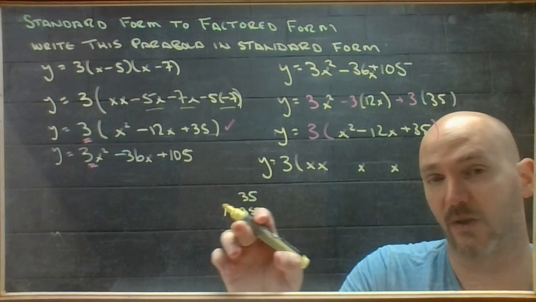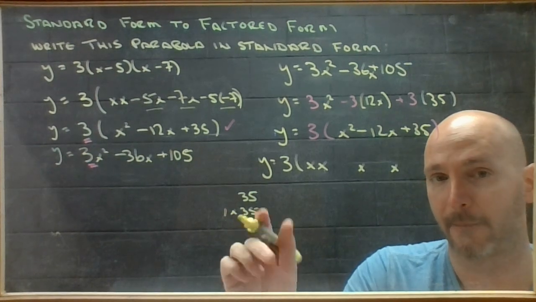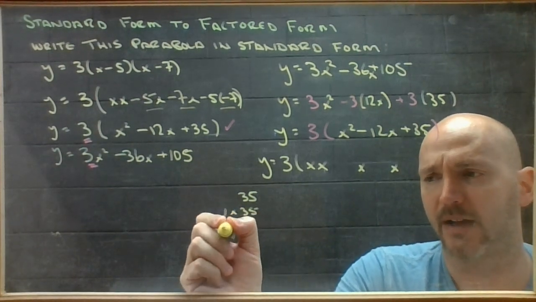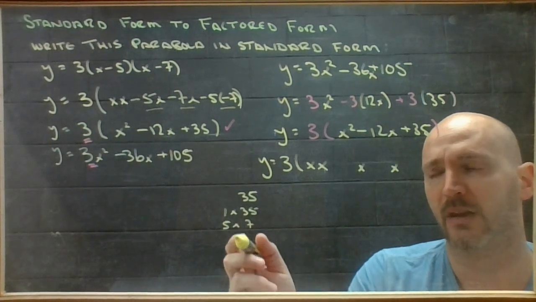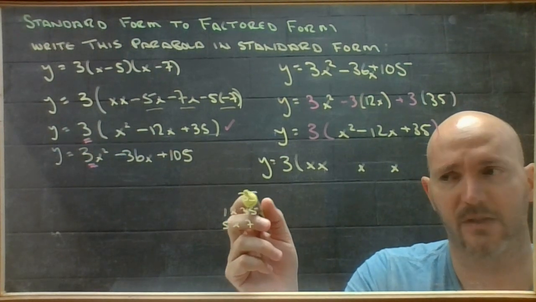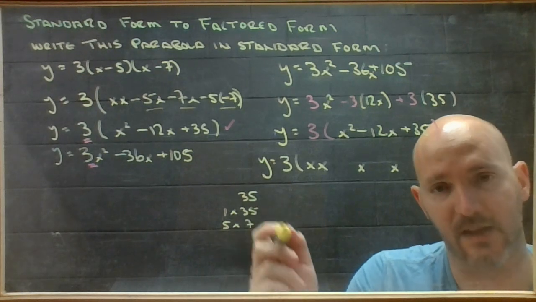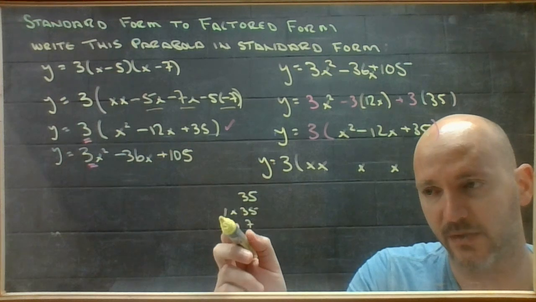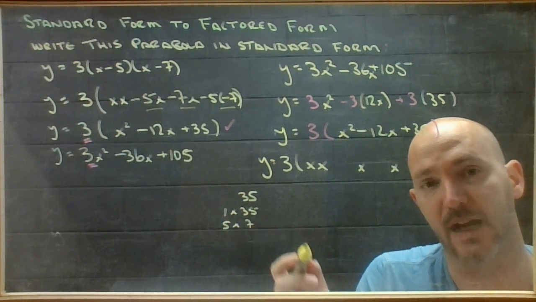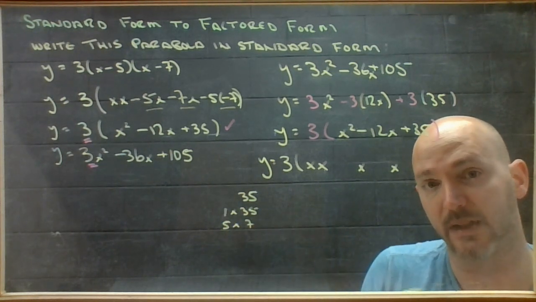And unless it goes in evenly, don't write it down. And you've got 5 times 7, gives you 35. 6 times doesn't go in evenly. 7 times does go in evenly, but we've already accounted for that. So once you get something you've already accounted for, then you're done. That's the whole list.